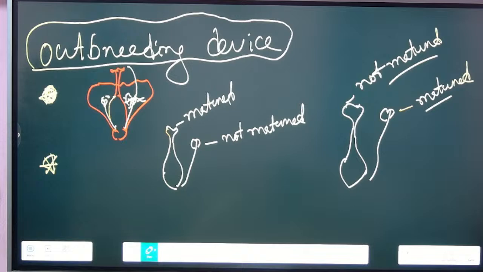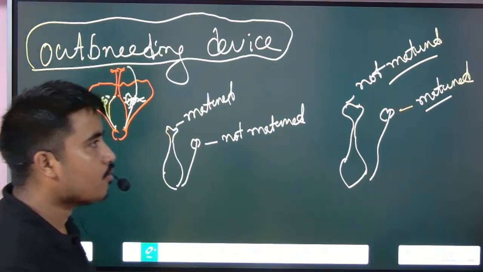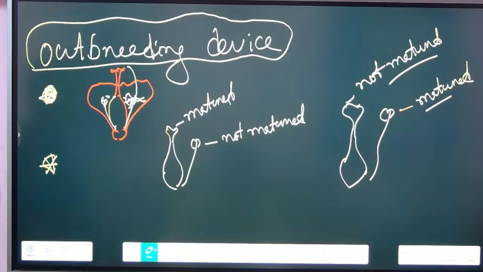What is the purpose of outbreeding devices? Plants and other organisms want to have some extra characters, or want to mix the characters. Why? If you mix the characters, we can have some special or good features within us.